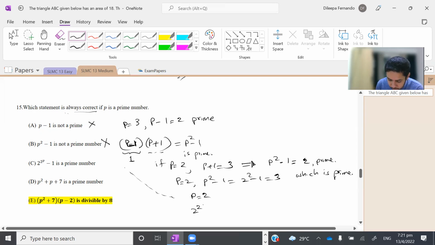Then 2 to the power 2p minus 1 plus 2 to the power 2p, that is 4 minus 1, 4 plus 1... it's 15. It's not prime. So saying that this is always a prime number is incorrect.